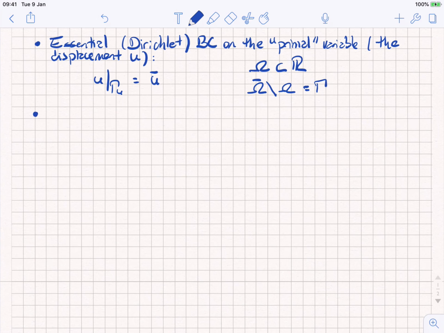We can prescribe the force, and this is called the natural, or more mathematical, Neumann boundary condition, and this is acting on the dual variable. In this case it is the actual load.